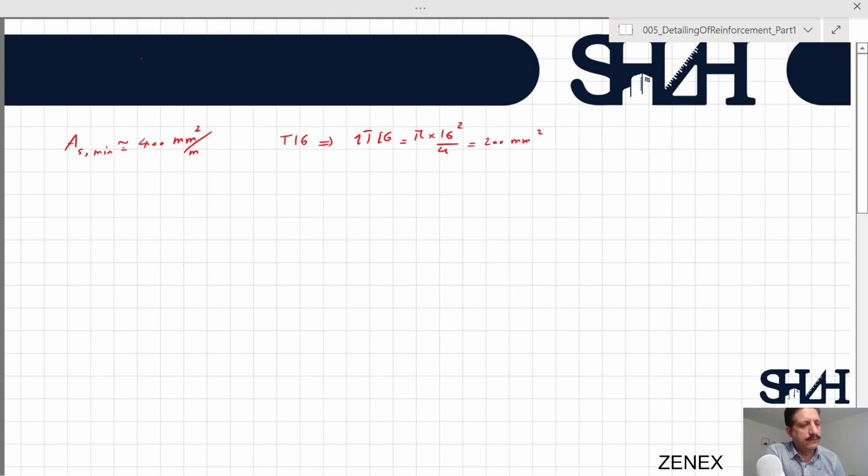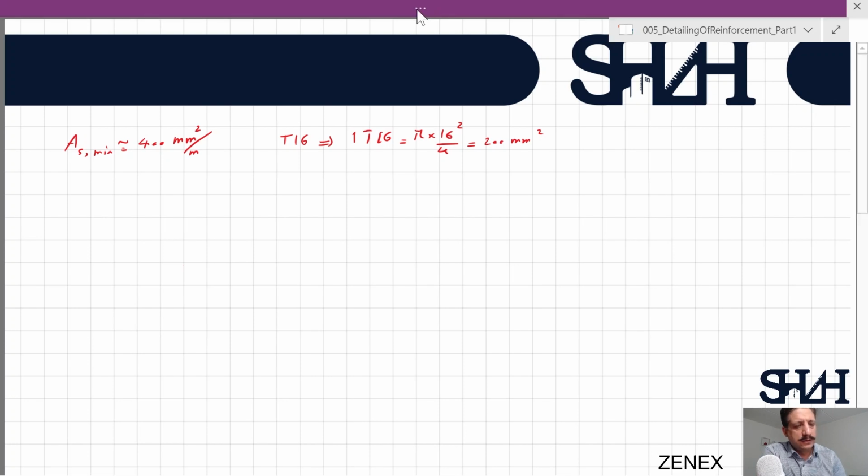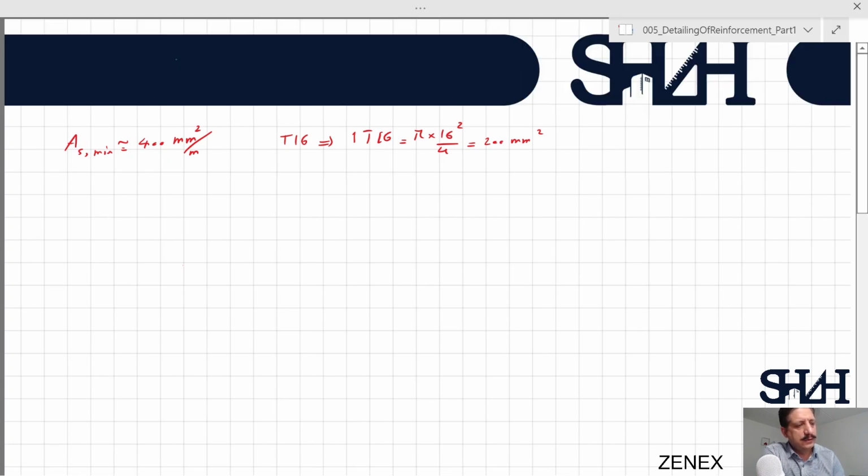1 T16 is pi times 16 square divided by 4, which is 200 square millimeter. So now if we want to have 400 square millimeter in every meter, then we need to use 2. If the numbers are not like this time, it is better to write down that N, the number of reinforcement in 1 meter, is 400 square millimeter per meter divided by 200 square millimeter for 1 T16.